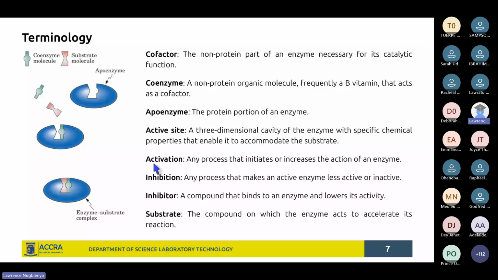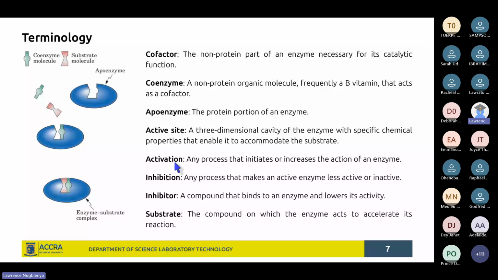Of course, any process which initiates the activity of an enzyme is what is referred to as activation, just from the word. It also means that any substance which causes the activation of an enzyme is an activator. So, for instance, we referred to these cofactors, coenzymes. When they bind to the apoprotein, they will activate it. So they are activators.